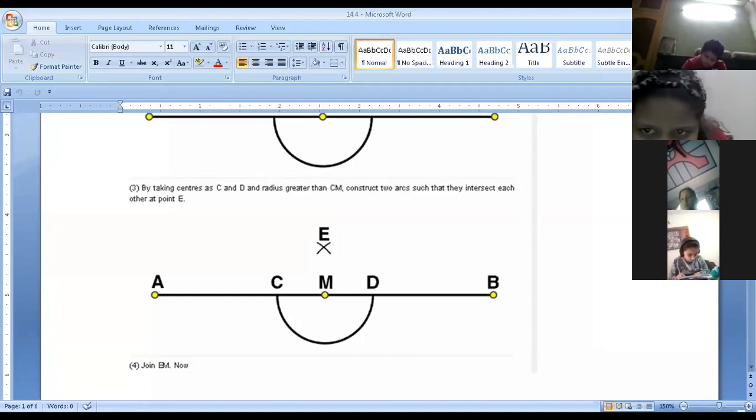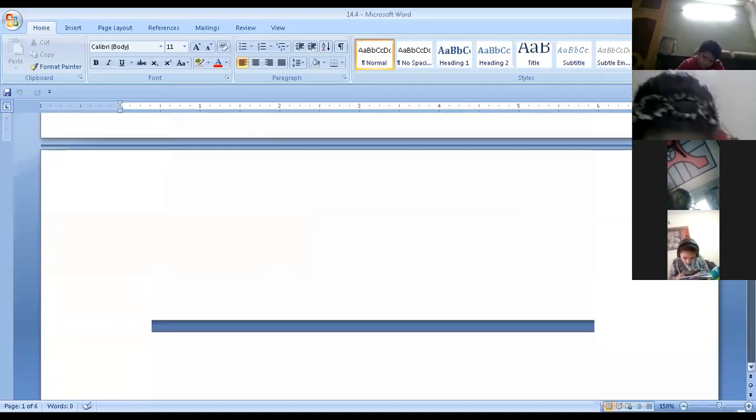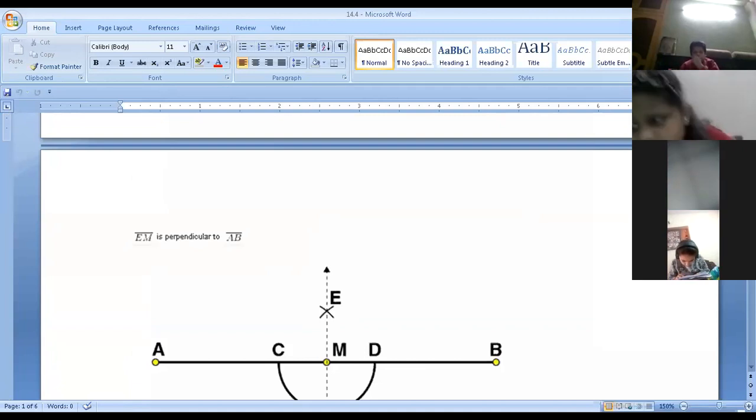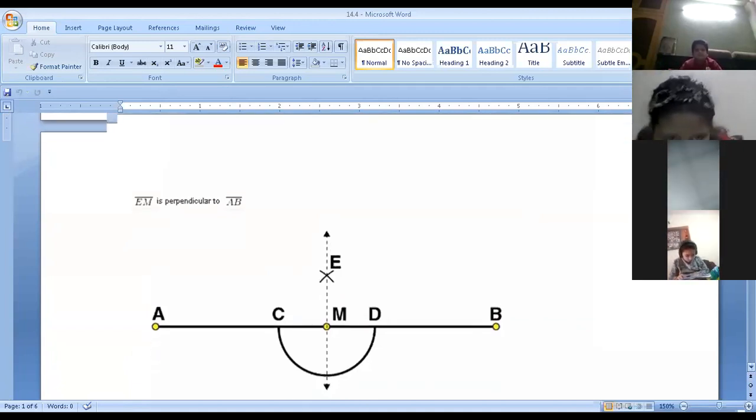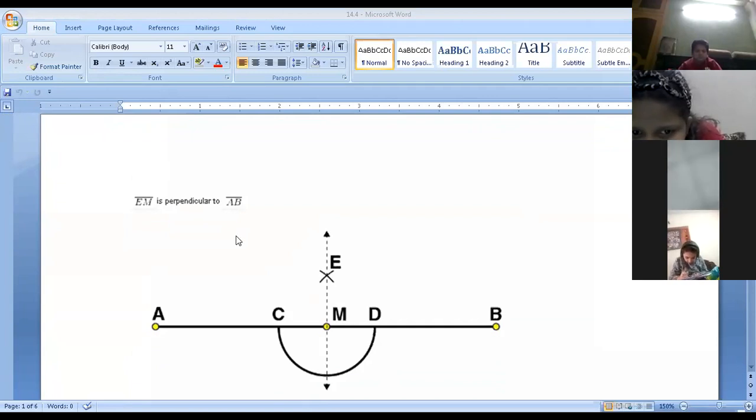Drawn. Now use your ruler in your hand and draw a line. You have to check the line should pass through this M point. So draw it carefully, children.